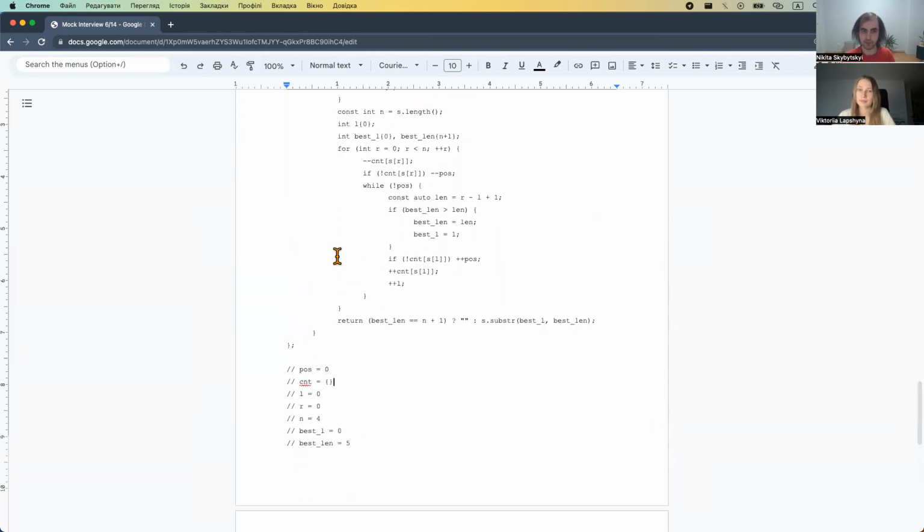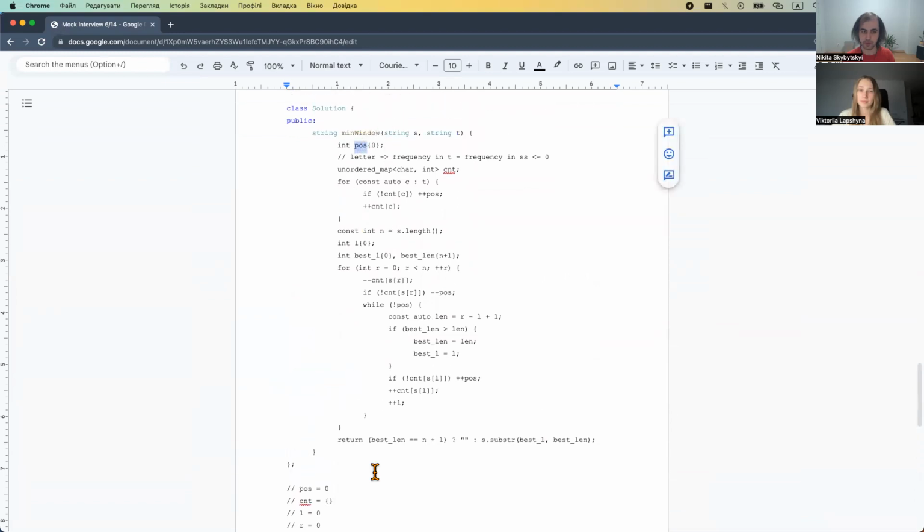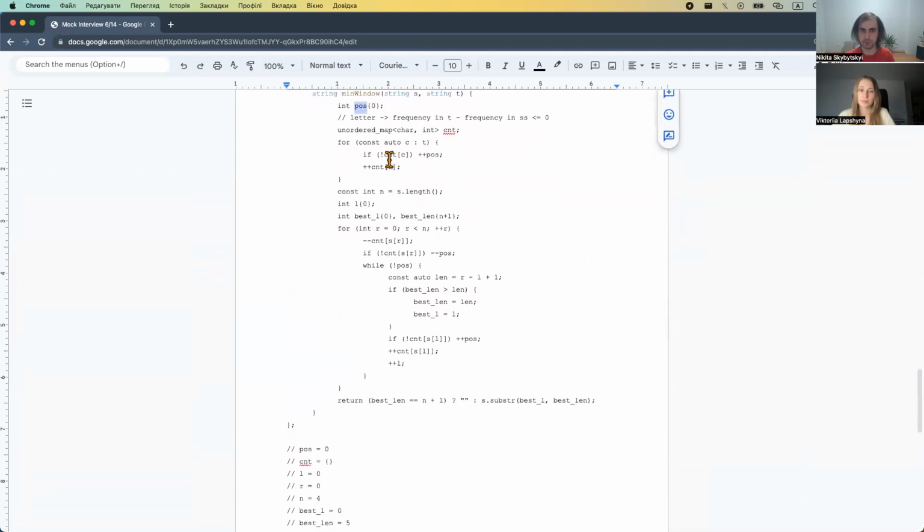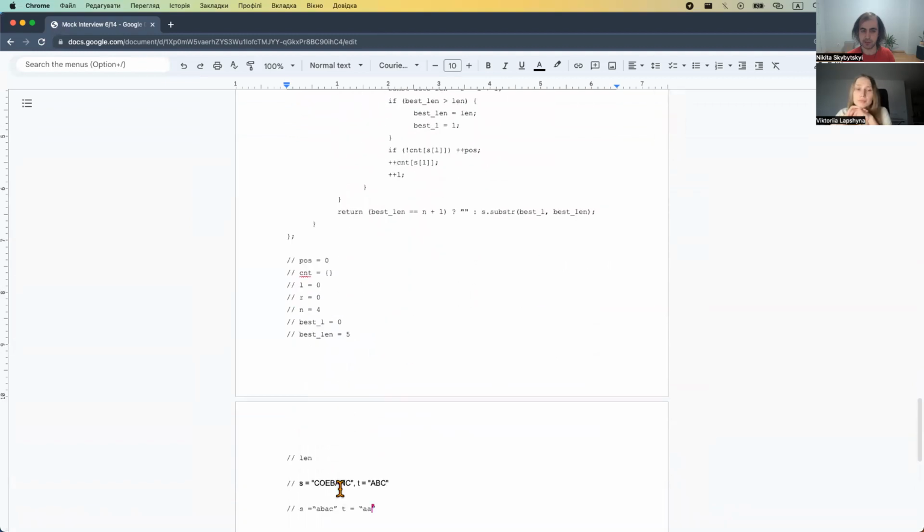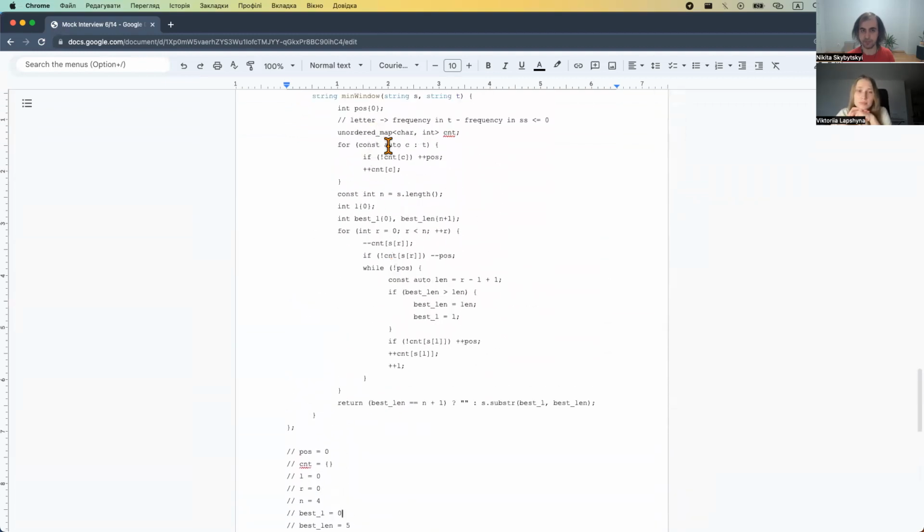So we start with what? Pos is 0, the counter. We look at letter A. Is its frequency 0? It is. So we now have one more distinct character to worry about. Then we increment the frequency. We go over another letter A. Is its frequency 0? No, we already have seen it, so we don't touch pos.